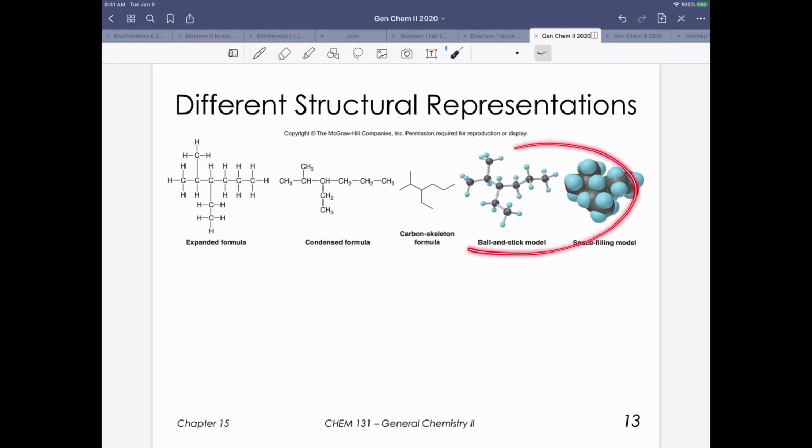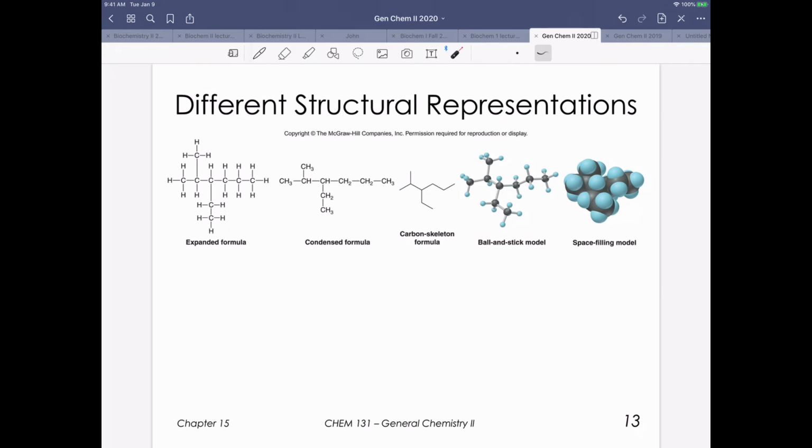Some things that we'll just see, and you'll see a lot in organic chemistry, are different representations, not anything you need to draw, but just understanding that ball and stick models are really helpful for helping us visualize what a molecular structure looks like. And that's where each atom is represented by a specific color ball. When we actually use models in organic chemistry, that's what they'll physically look like.